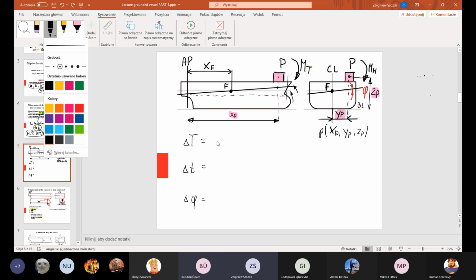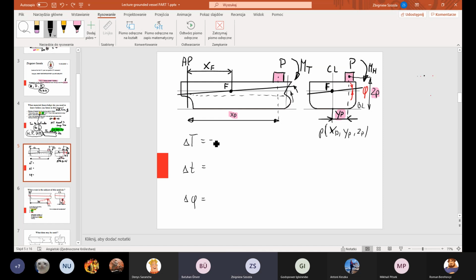About the change of draft, we should know the ship's geometry also, probably, or we can just use TPC, ton per centimeter. So can you provide the formula? Okay, but I need to check.